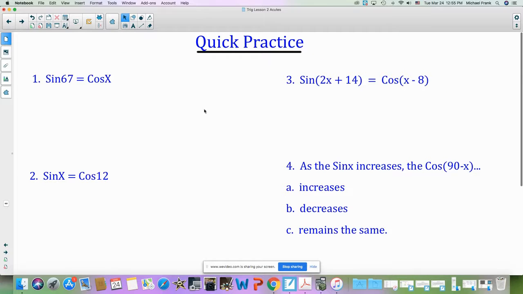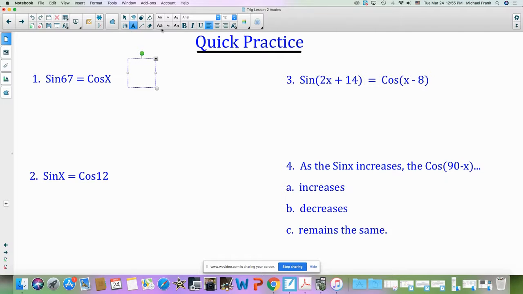Okay, here are quick practice problems before we get to some regions problems. Some of these are pretty simple. Problem number 1, it's basically saying solve for x. Well, if sine and cosine are equal, that means the angles must be complementary.